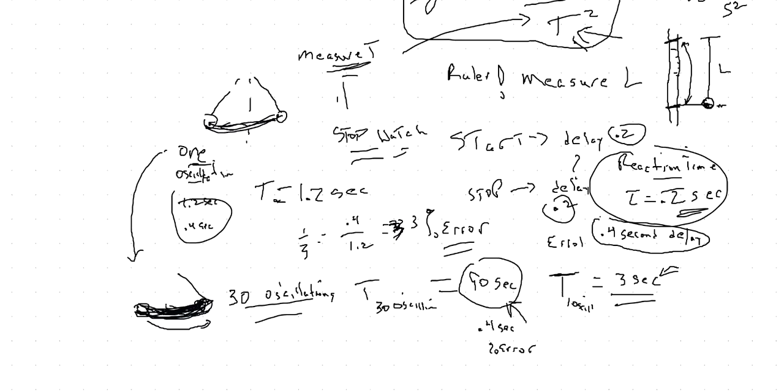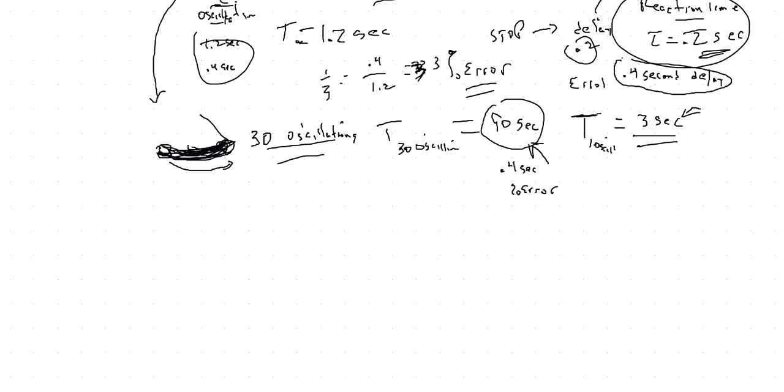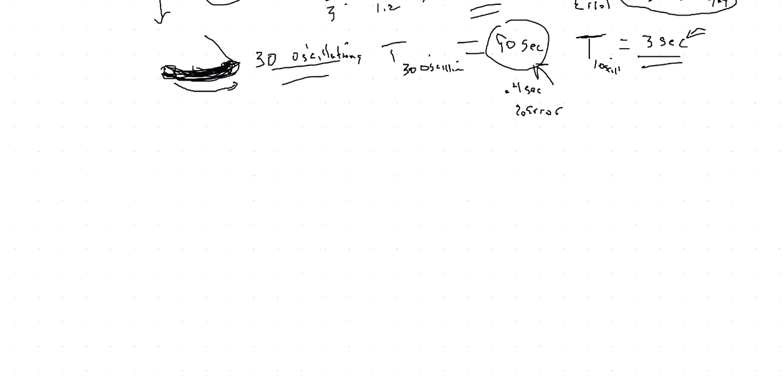Okay, so now remember, G was equal to 39.44 L divided by T squared. And if we want G in meters per second squared, L has to be in meters. So don't forget to convert.